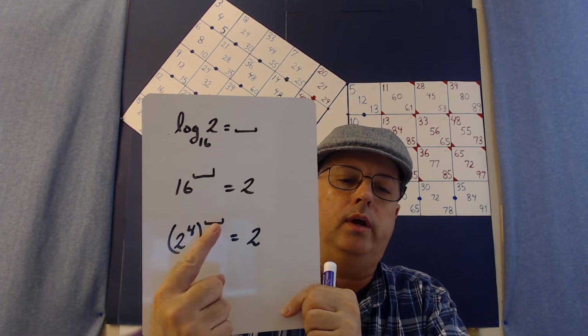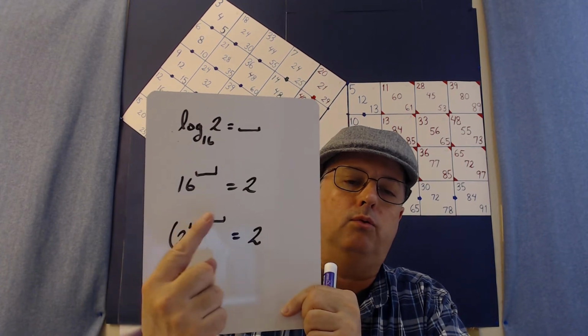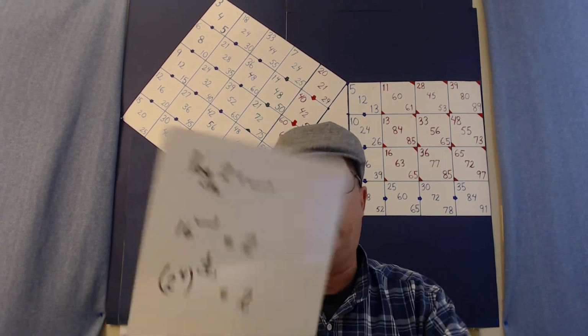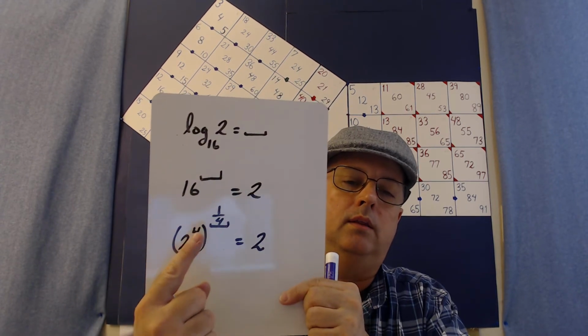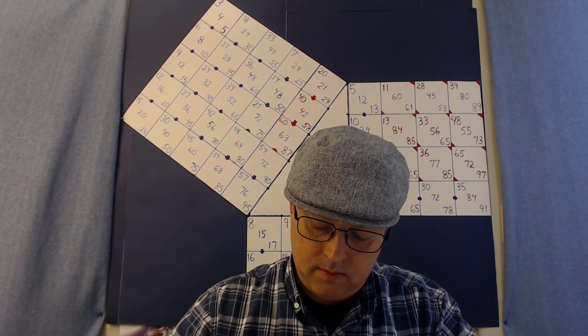What do I need to do here to just get 2? Well, I need to raise it to the 1/4 power. So then the 4 and the 1/4, those are powers to powers, so you would multiply. And that would just give us 2.